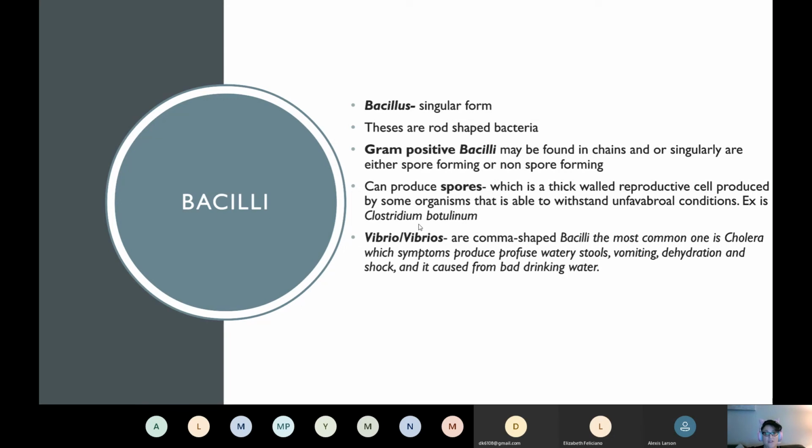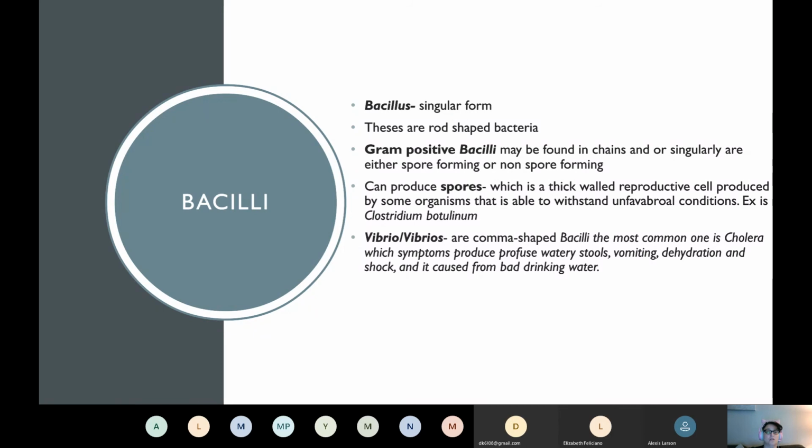And then there's also another form of bacilli, we call them vibrios. And one of the reasons I bring this up is because a very common one of those is cholera. And we know cholera kills thousands upon thousands of people every year around the world in third world nations because they do not have clean drinking water.